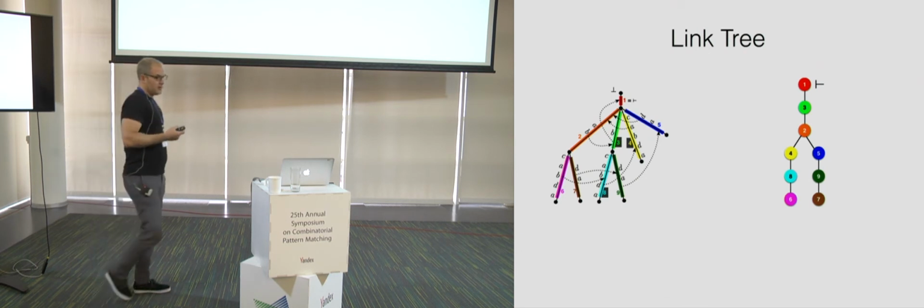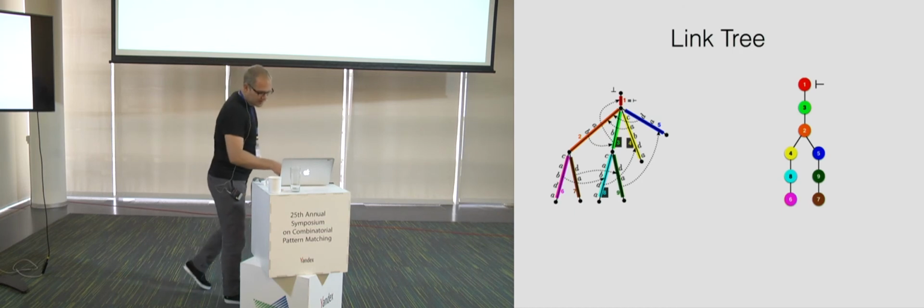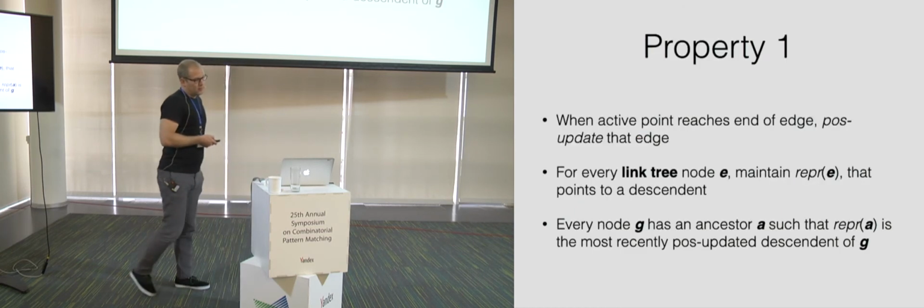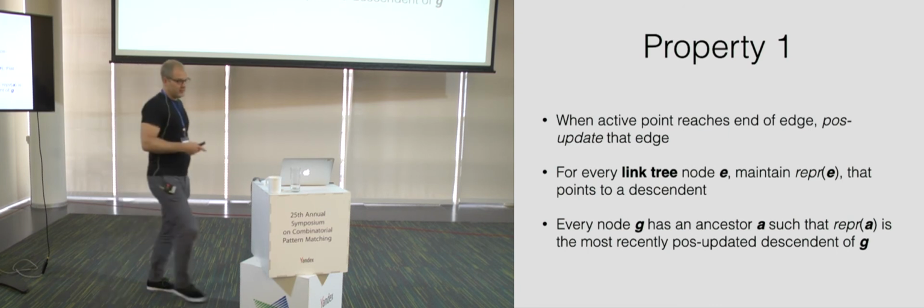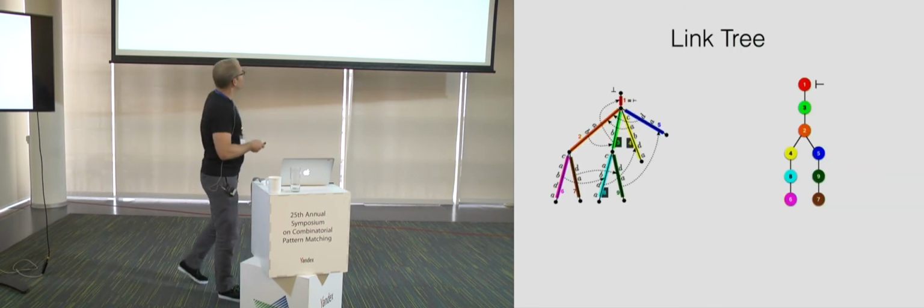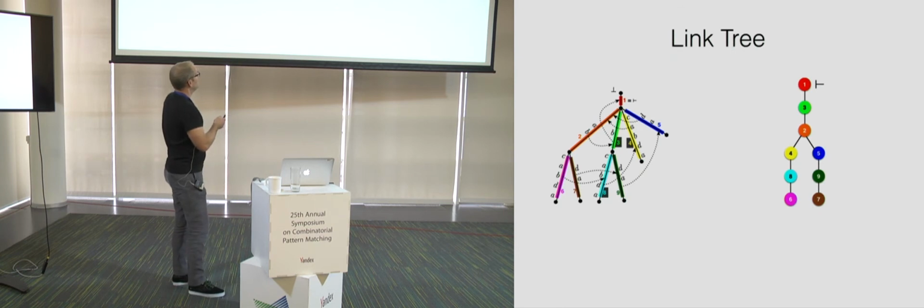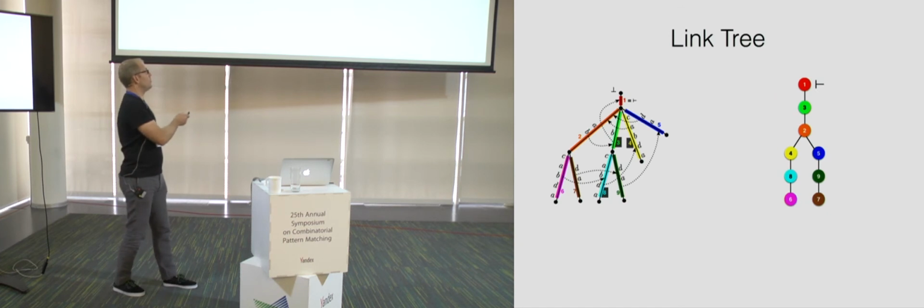That's not quite true. So the property is, for every node, there is an ancestor in the link tree that points to the most recently updated in this subtree. So for instance, let's say we're at node 8, we want to find the most recent match. Then we know that the most recent match is going to be somewhere along this path.